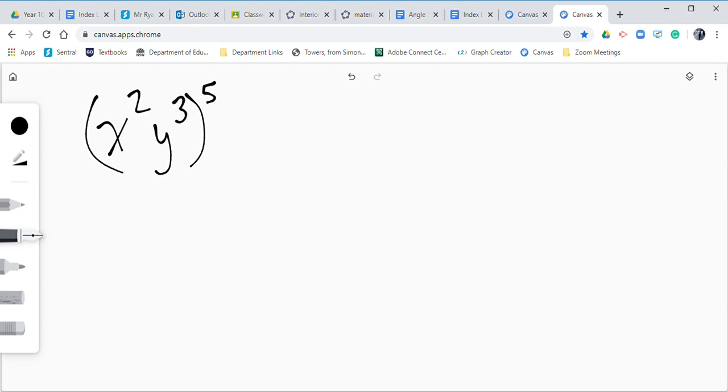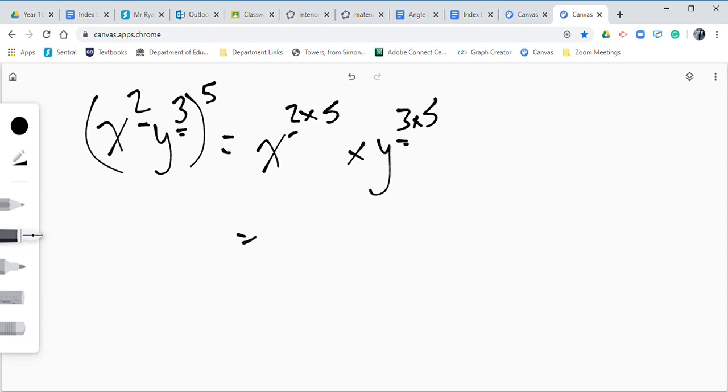So that would be x to the power of 2 times 5 times y to the power of 3 times 5. I got the 2 from here, I got the 3 from here, and then I multiply both by 5. So 2 times 5 is 10, y, 3 times 5 is 15. And that's how you get to that one.